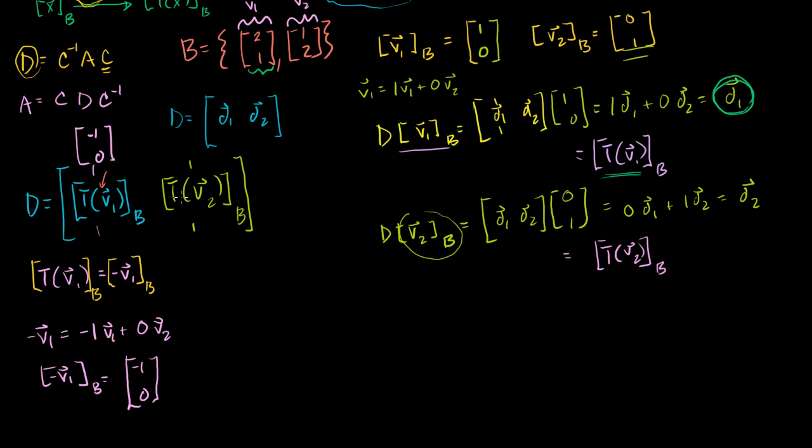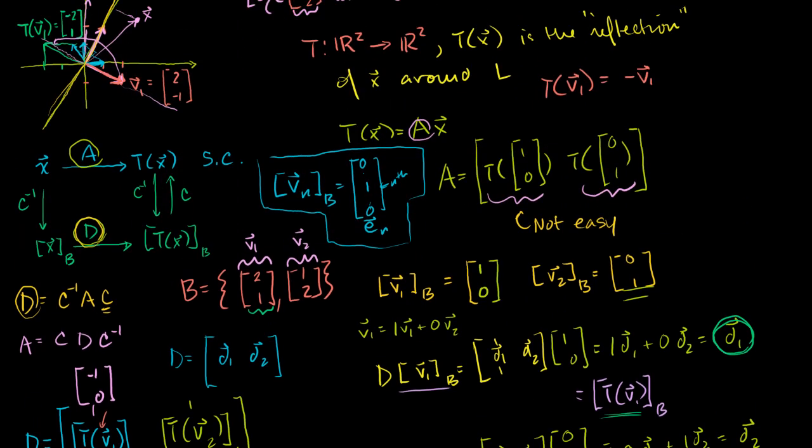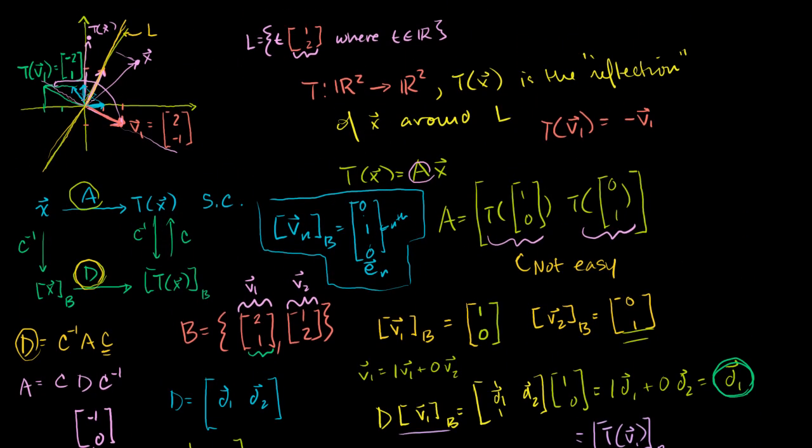Now what's the second column of D? It's the transformation of v2. v2 was the vector that spanned our line. This is v2 right here. So what happens to v2 when you transform it? Well, you take the reflection of something that's on the line, around that line, it's just going to be the same. Nothing's going to change. You're taking a reflection around this. I mean, you can kind of imagine spinning that vector, but it's not going to change the vector at all, right?